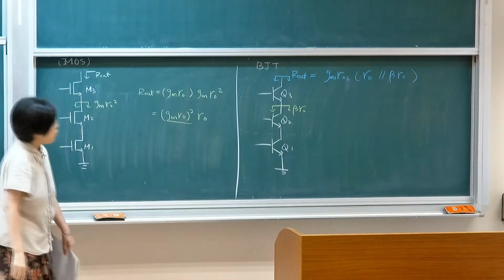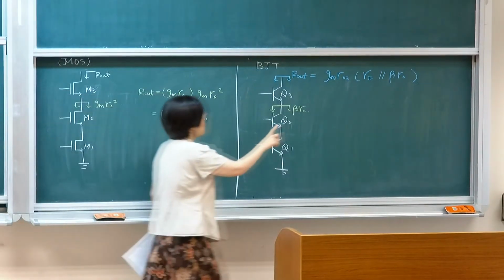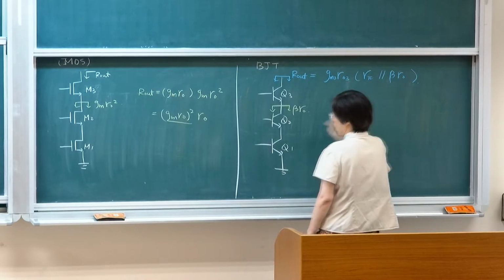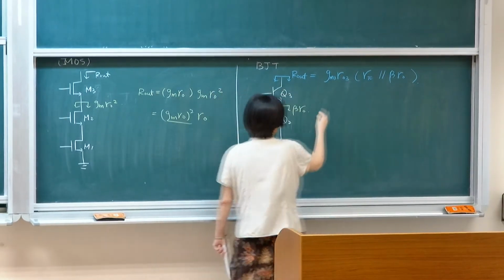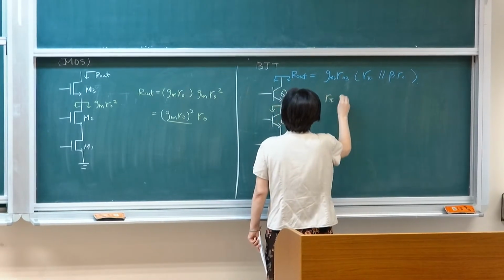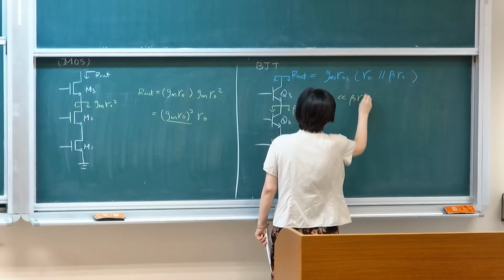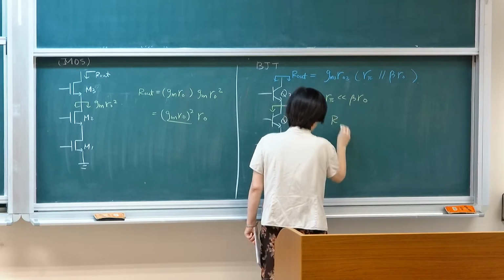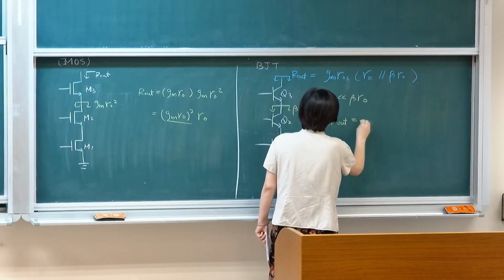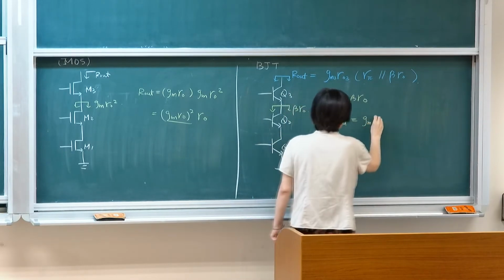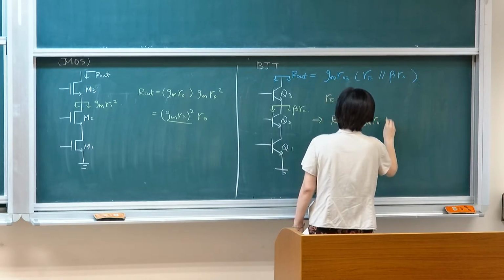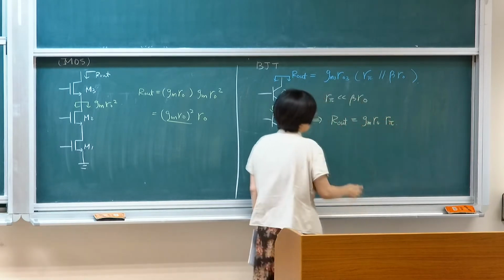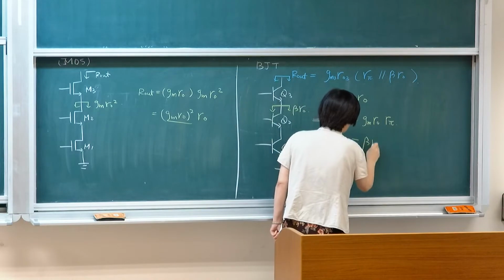So what happened is that if you compare R pi and beta RO, which one will dominate? Of course, R pi will be much, much smaller than beta RO. Therefore, the output resistance will then become GM RO R pi.